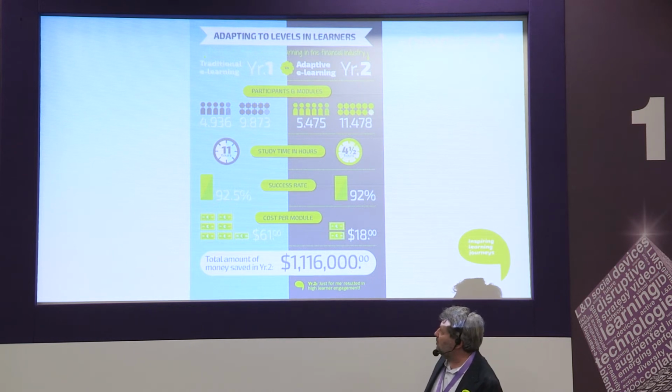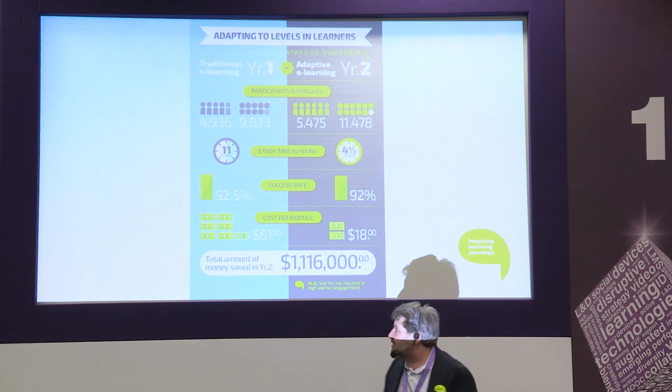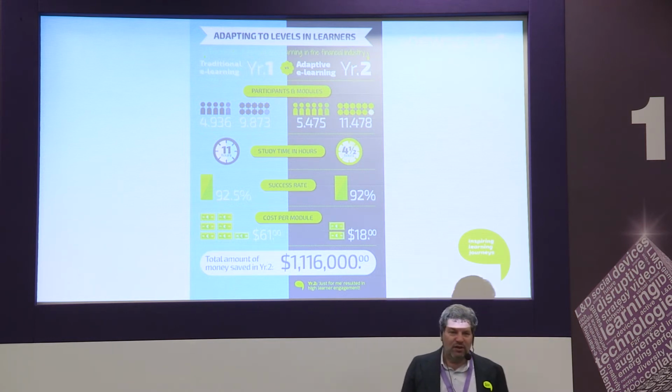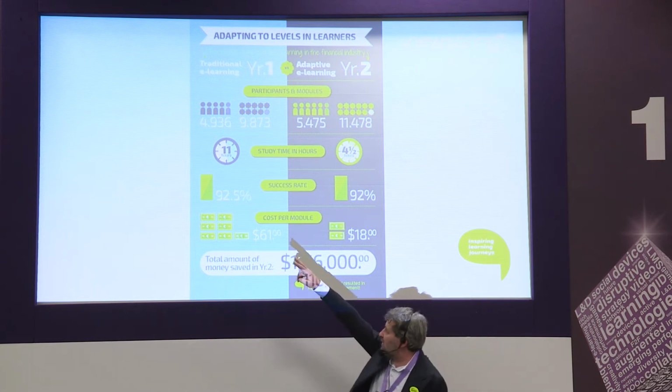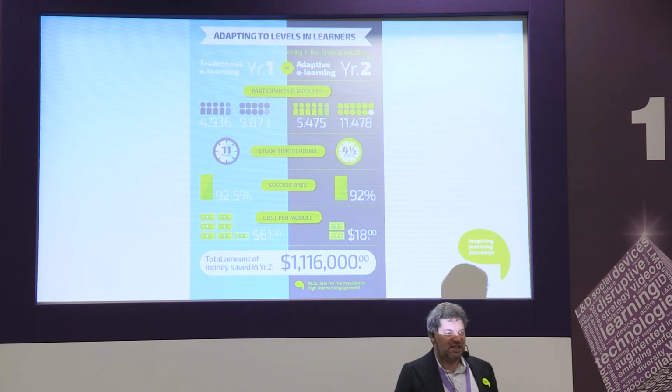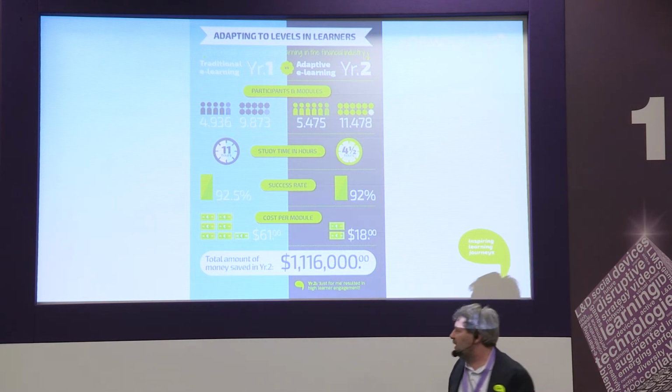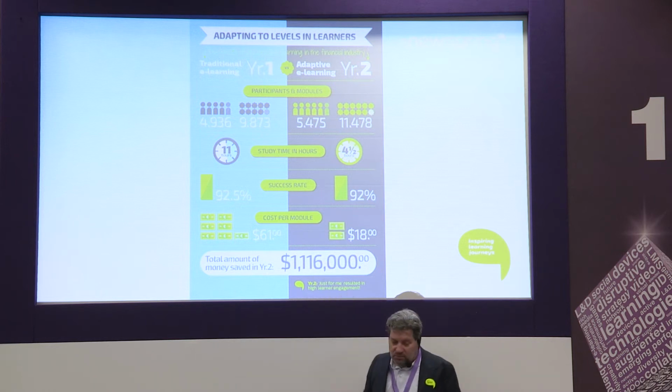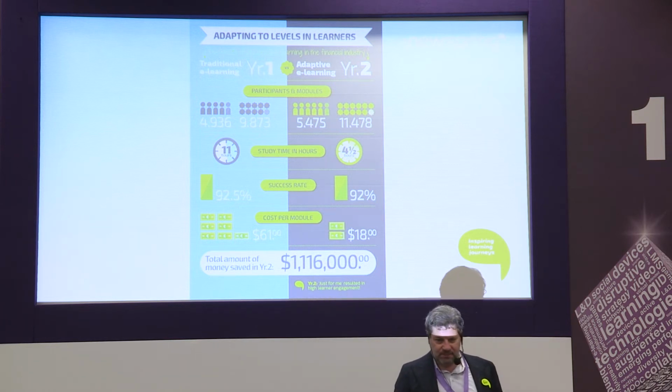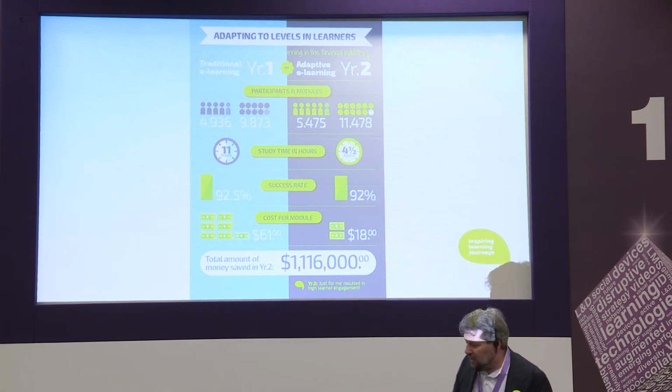Well, that went rather well because almost 5,000 professionals did almost 10,000 e-learning modules with a success rate of more than 90%. That's a successful story. It would cost them 11 hours to do so.